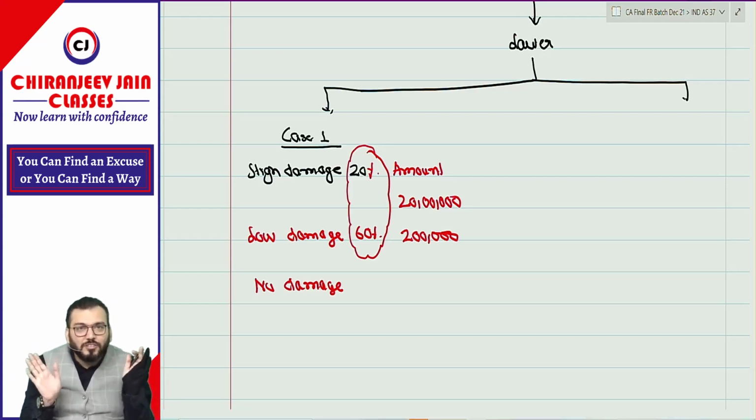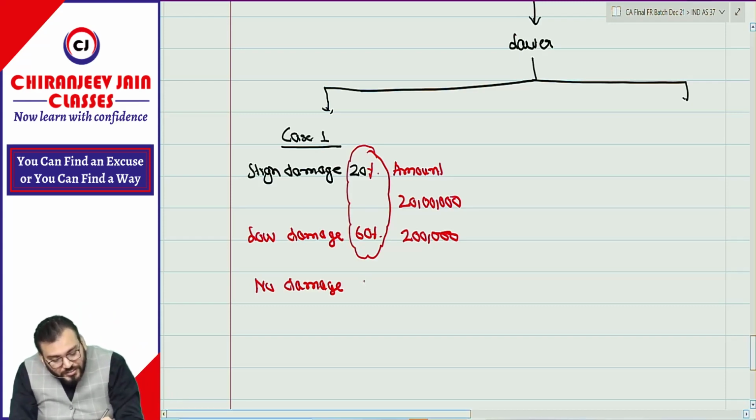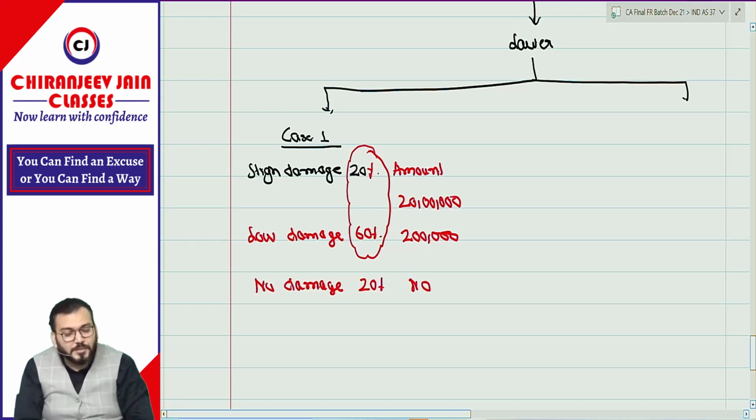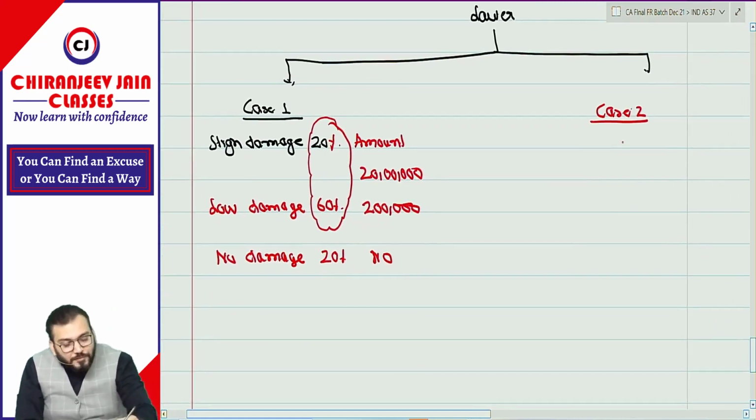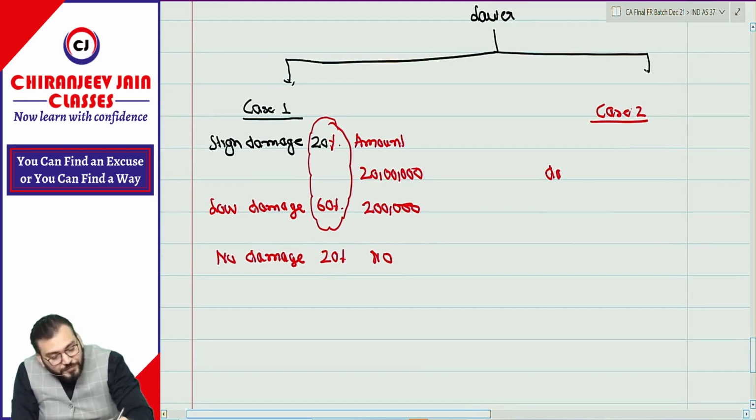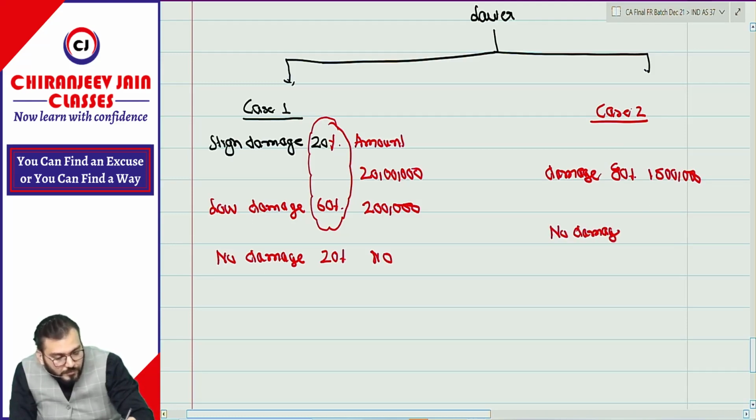Are you getting or not? Yes, sir. Correct? So in this case, it is what? 20% more, that is no damage. This is case 1. Case 2: the information can be given in this way. The chances of damage, 80%, is 15 lakh, and the chances of no damage, 20%, is nil.